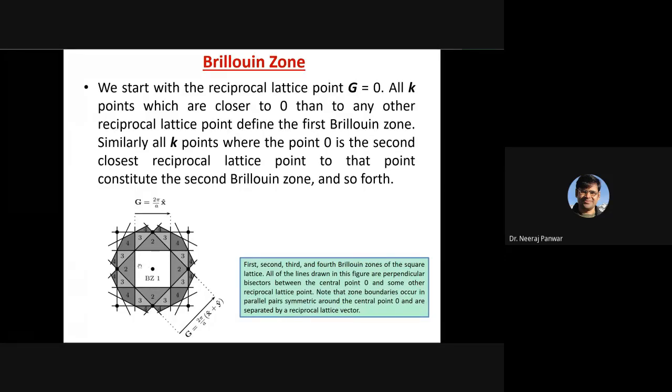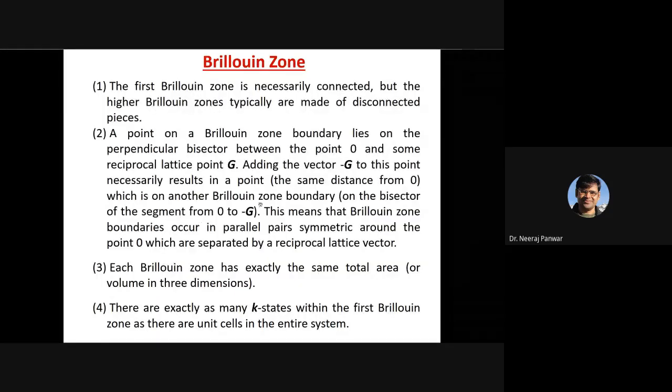So the Brillouin zone represents the inversion symmetry also. It follows the inversion symmetry also. So this is what is said. Adding the vector minus g to this point necessarily results in a point which is on another Brillouin zone boundary, on the bisector of the segment from 0 to minus g.